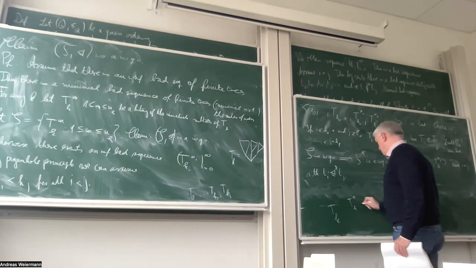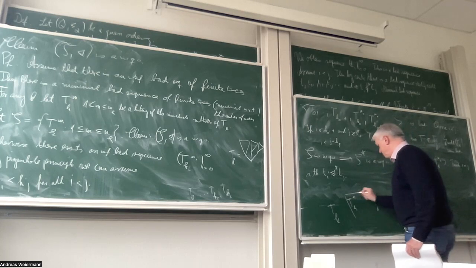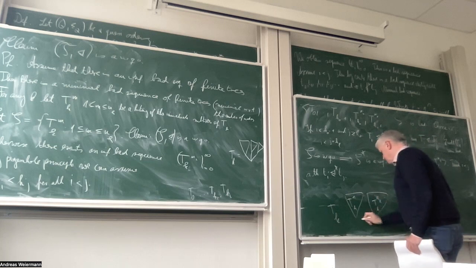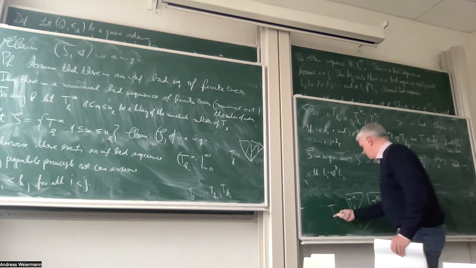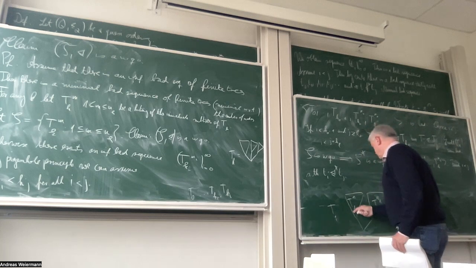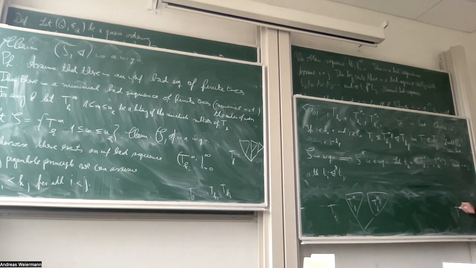This is TK1, TK NK. So here's TI, let's say. And TJ is over here. It's TJ1, TJ.